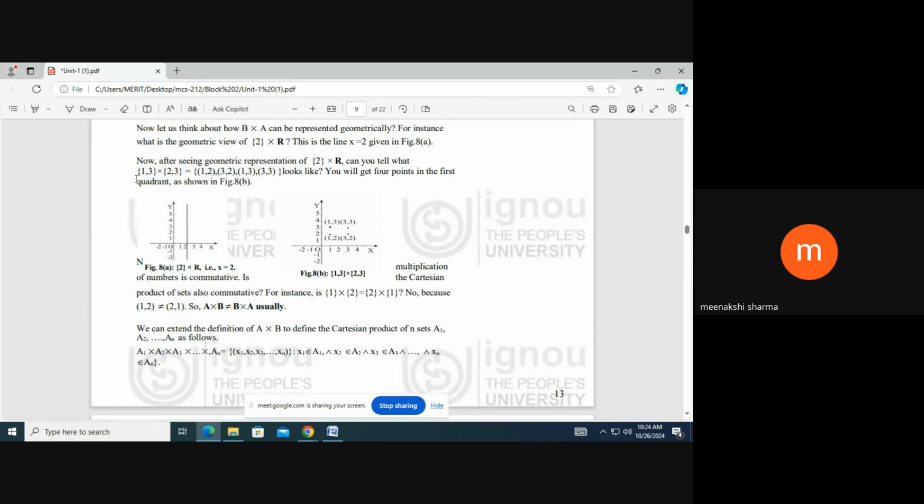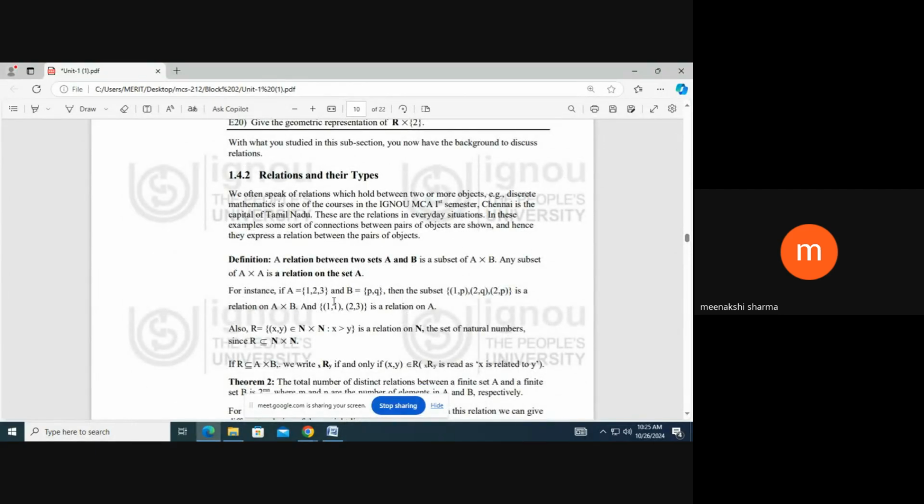For example, the Cartesian product of {1, 3} and {2, 3} is (1,2), (1,3), (3,2), (3,3). Then there are the points (1,2), (1,3), (3,2), (3,3). Understand this graph? Yes.